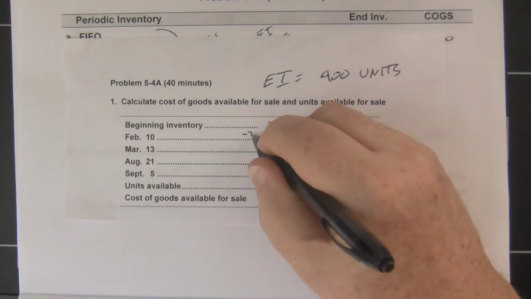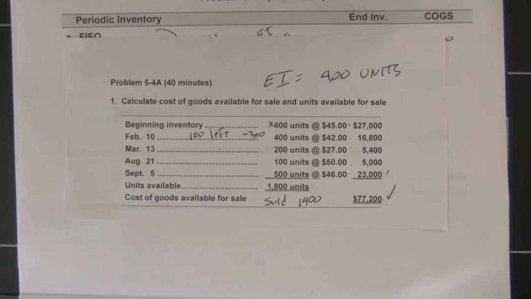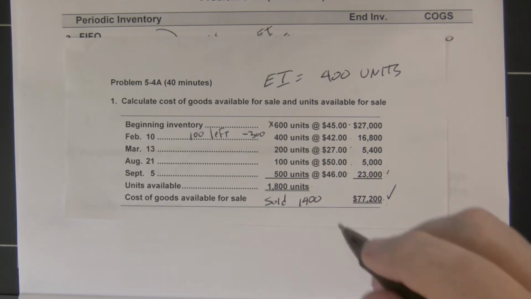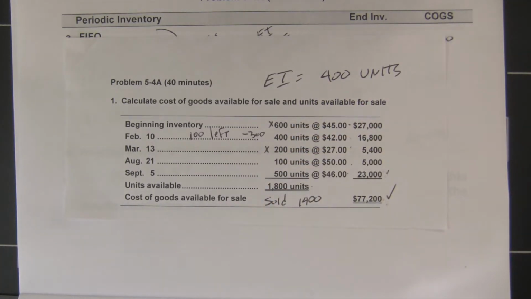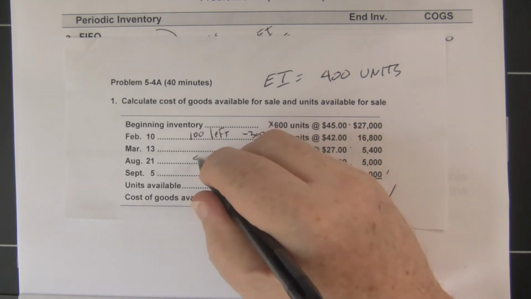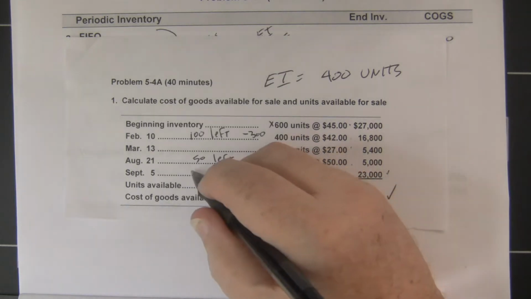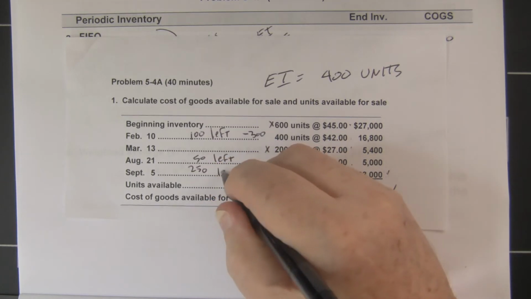So I have 300 units sold, so I have 100 left. I have 200 from the March purchase were sold, so they're gone. 50 from the August purchase were sold. Okay, so I sold 50, so I have 50 left. And it tells me that 250 from the September purchase were sold, leaving me 250 units left.